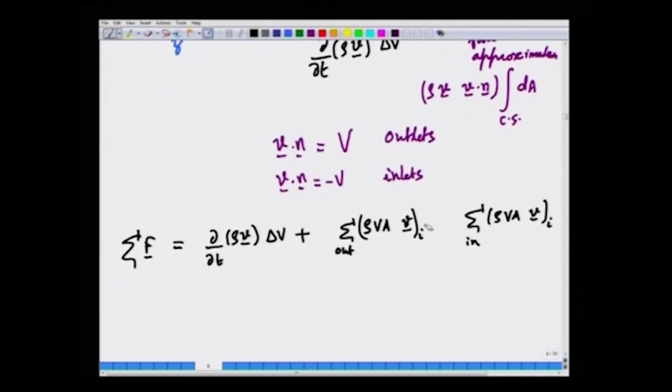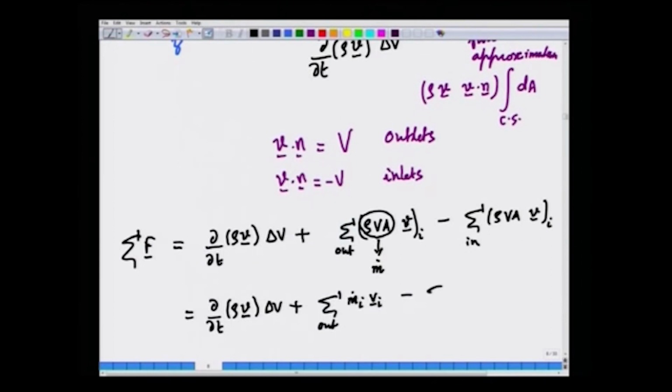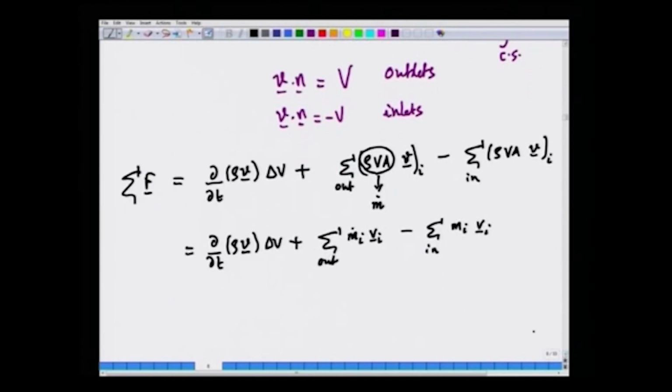So, there is a minus sign because you know that V dot n is minus for an inlet. Now, rho V A is nothing but the mass flow rate. So, I can simplify this further as d dt of rho V times delta V plus summation over all outlets of m dot i times V i minus summation over all inlets of m dot i times V i, where the index goes over various outlets and inlets.